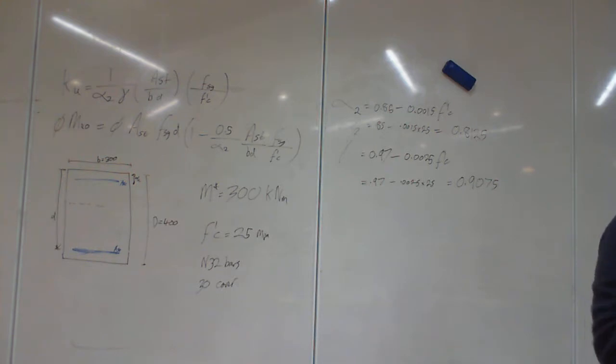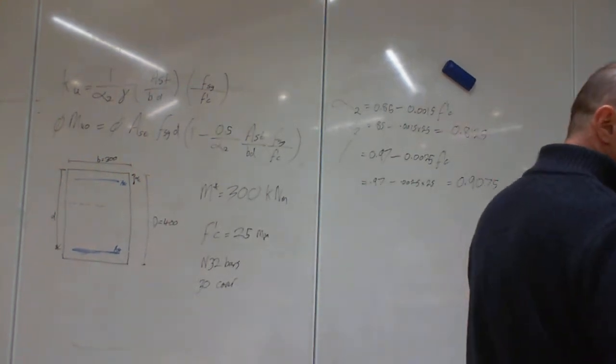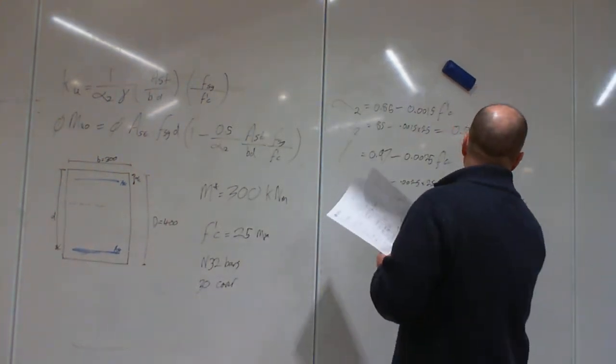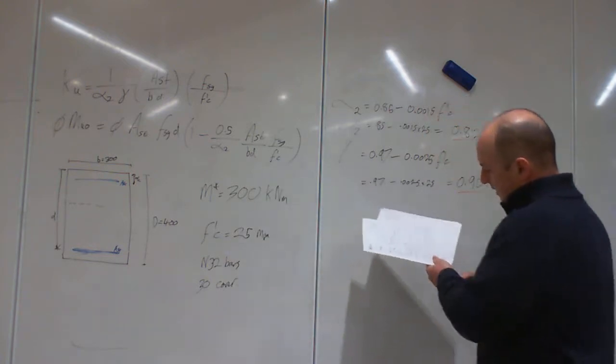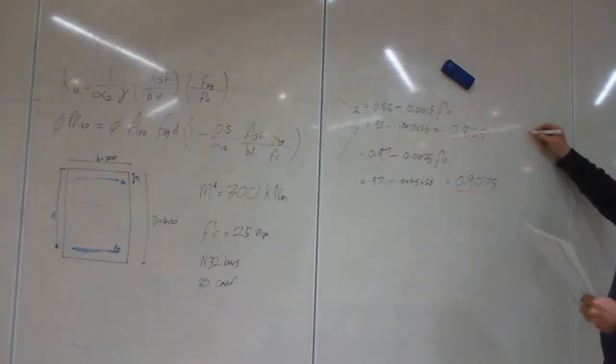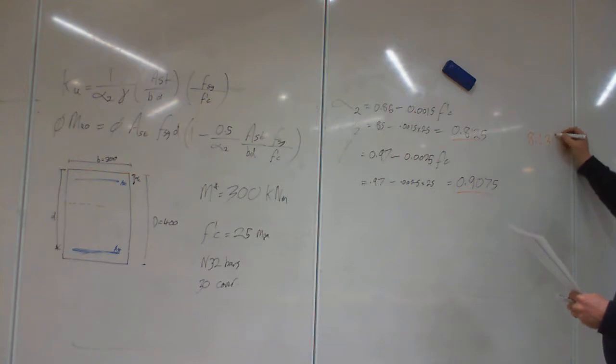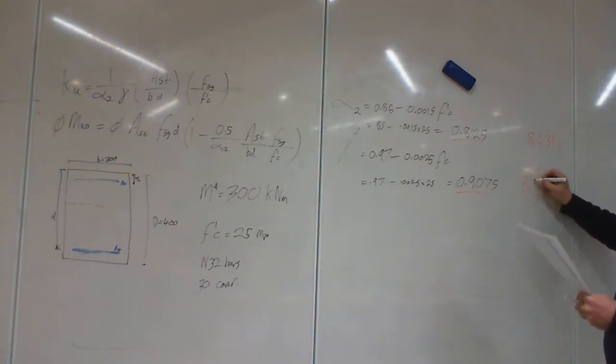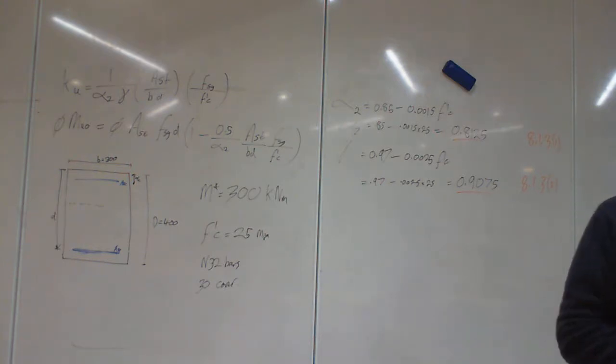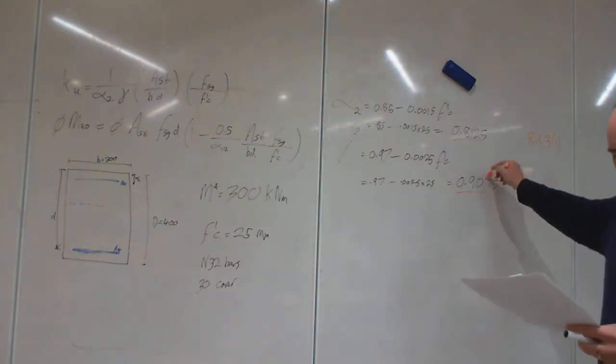Okay? And so we'll reference that. That's clause 8.1.3.1 and 8.1.3.2. So that's where you find those two equations in the code.